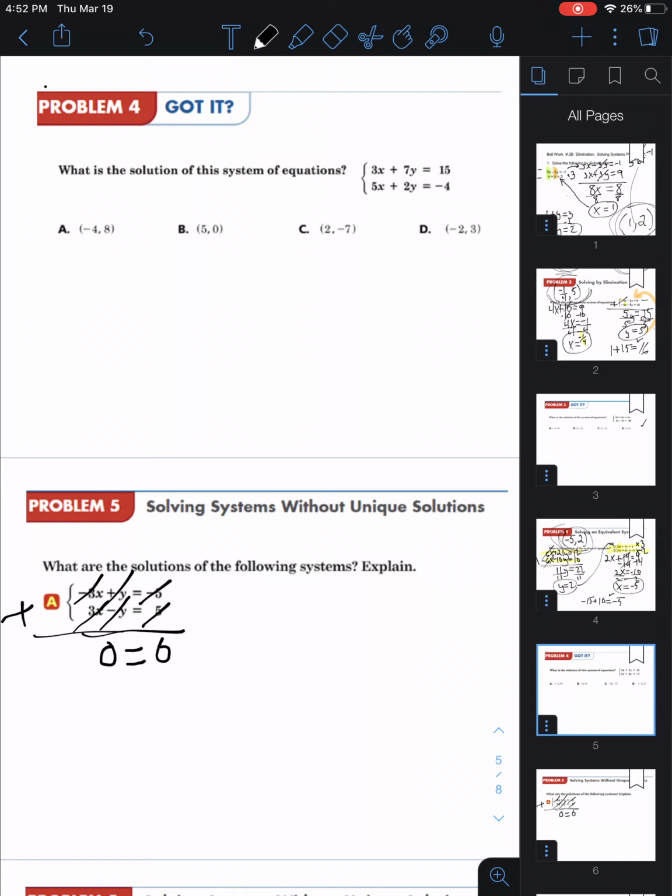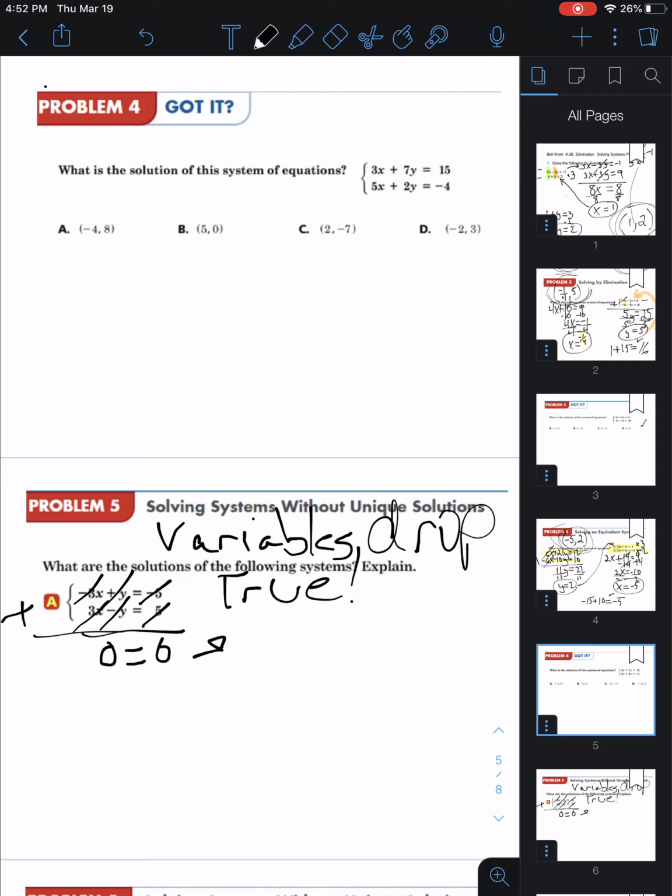Okay, so this is one of those situations where the variables dropped out, and I have to ask the question, is it a true statement or not? And this would be true. So when it's true, that means that I have infinitely many solutions.